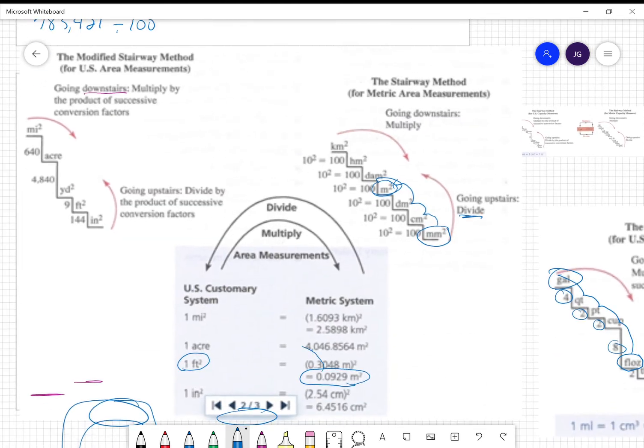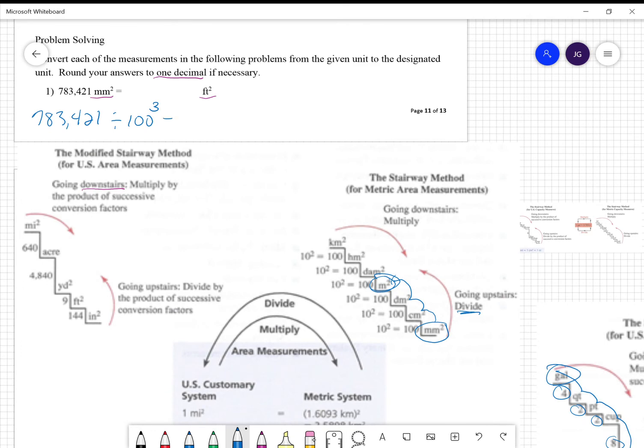And then I'm going to go and divide by 0.0929. And that will get me to feet squared.